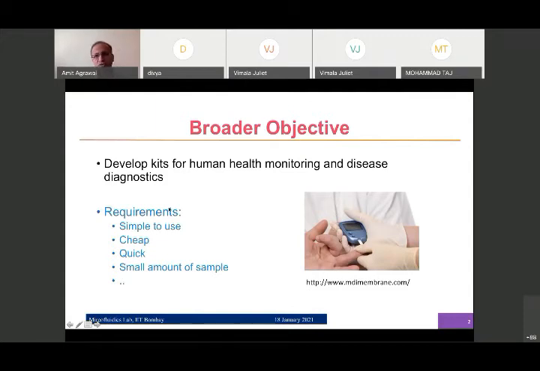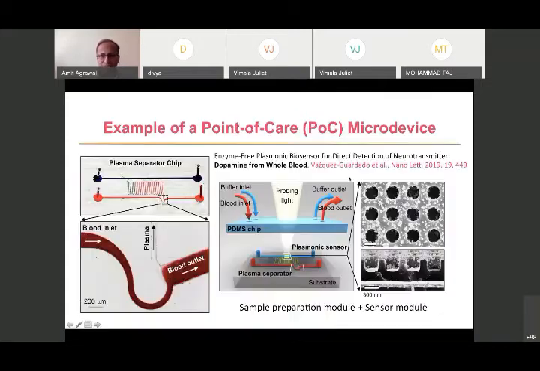So let me start off with one example. This example is from the literature, where the idea is to measure dopamine from whole blood. This is the device, and there are two main components: a sample preparation module, and a sensor module.